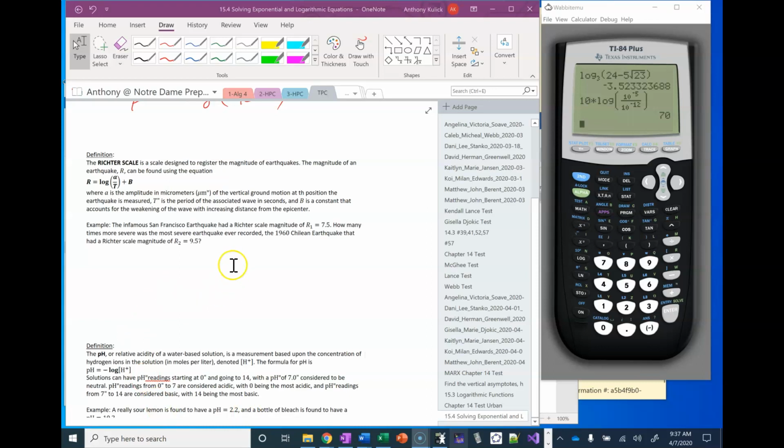So if we want to compare the severity, what we want to do is compare the amplitudes. So we have one situation. Oops, T is a constant. And we have a second situation.